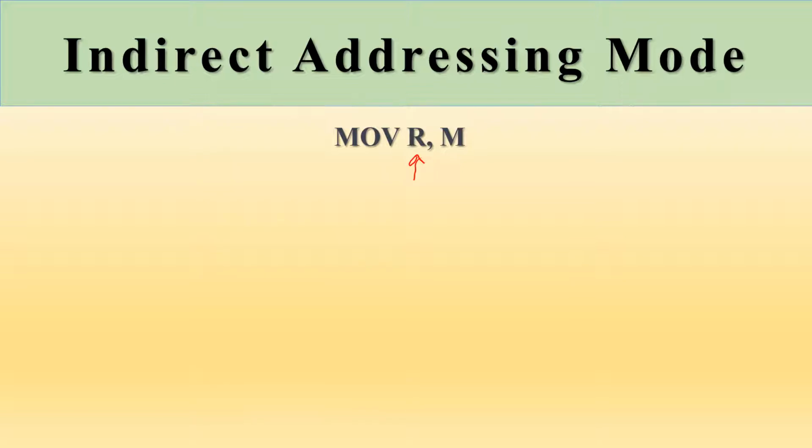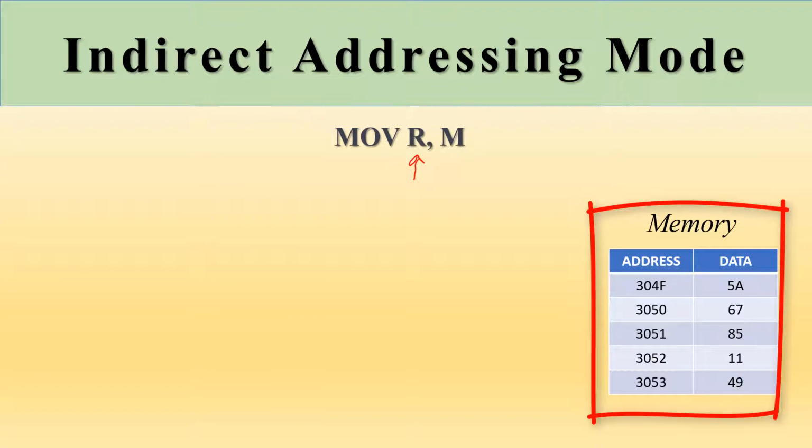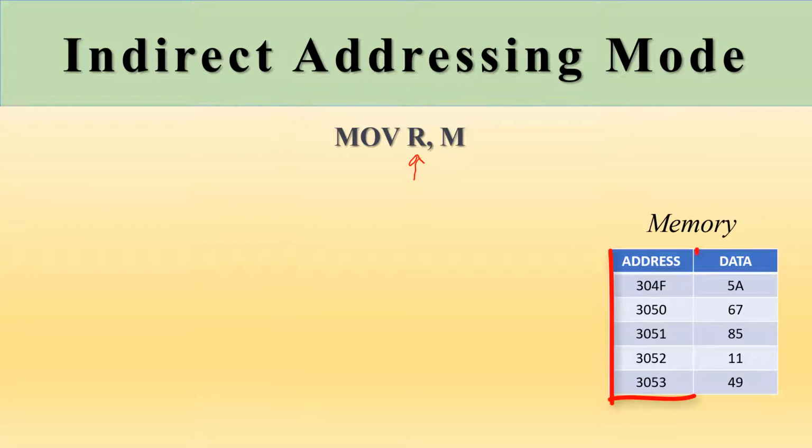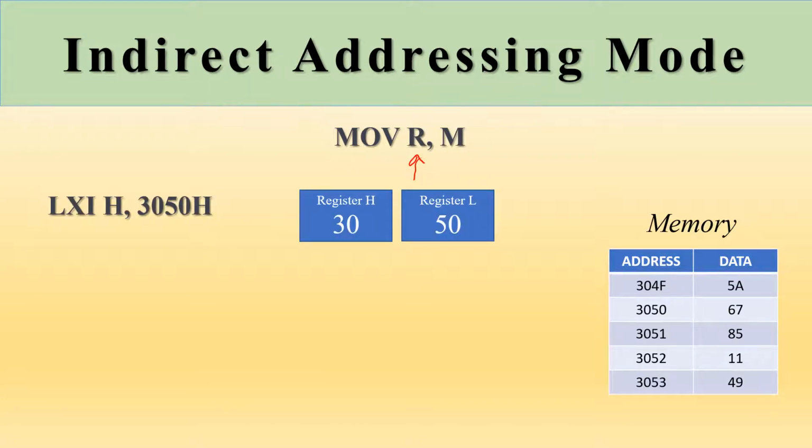So we have the memory shown over here in which we have various consecutive addresses, and the data in those addresses. One of the data we want to move to the processor. So first of all, what we have to do? We have to initialize the HL pair with the address of the memory which we would like to address. So we will write down LXI H 3050. So we are talking about this memory location 3050.